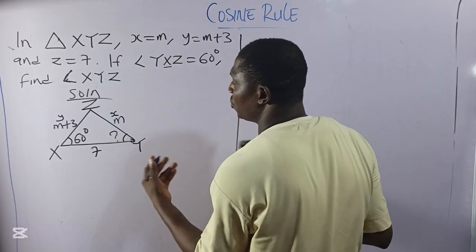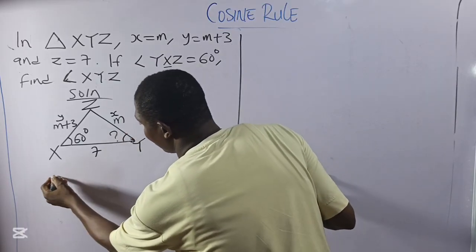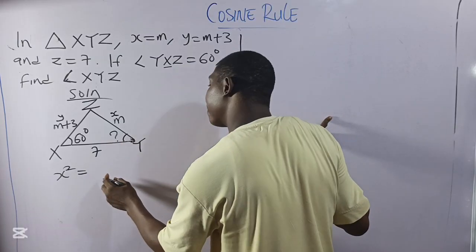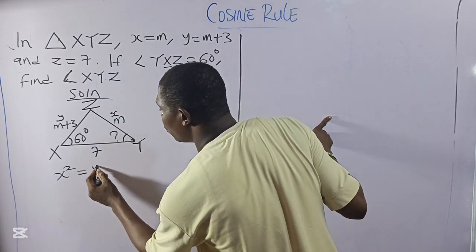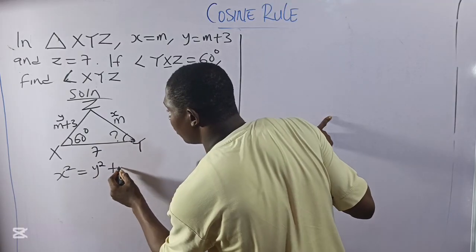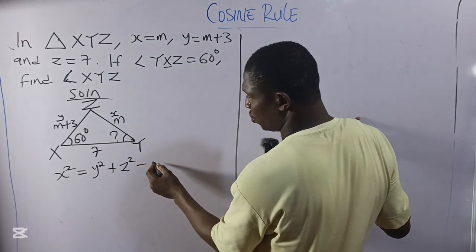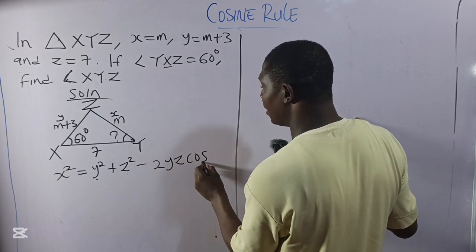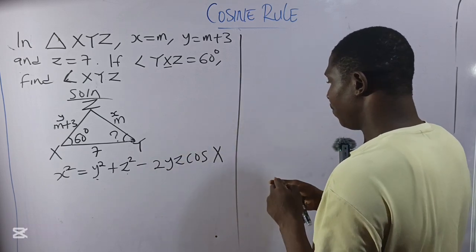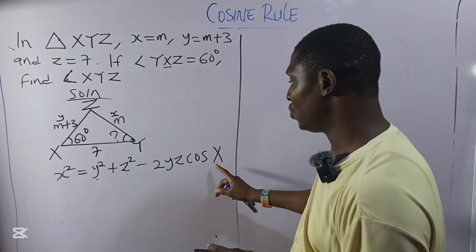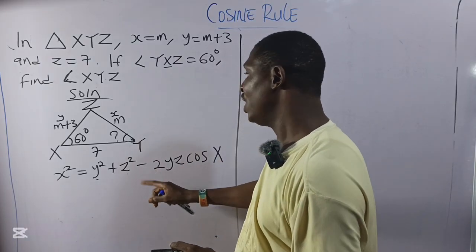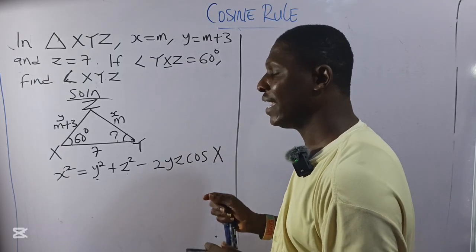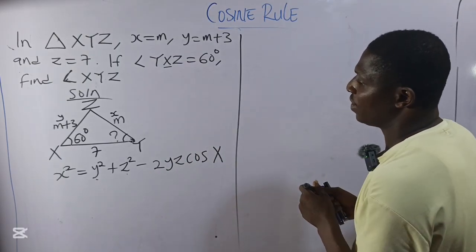So I can use my first cosine rule to look for my side x. x squared will be equal to y squared plus z squared minus 2yz cos capital X. The angle is less than 90, so you use cos X, and here will be negative. If it was greater, here will be positive, and you say cos of 180 minus X. Now I can put in my values.